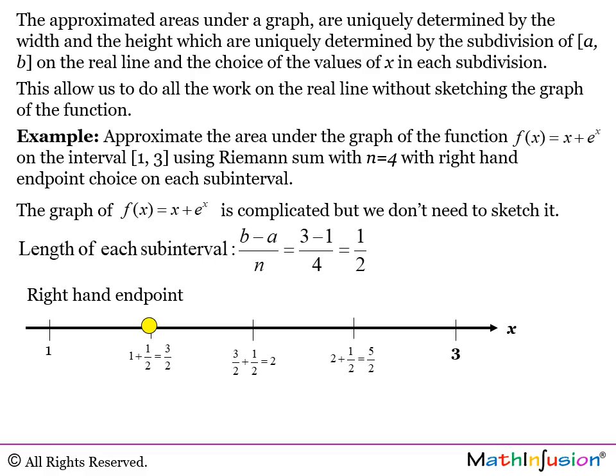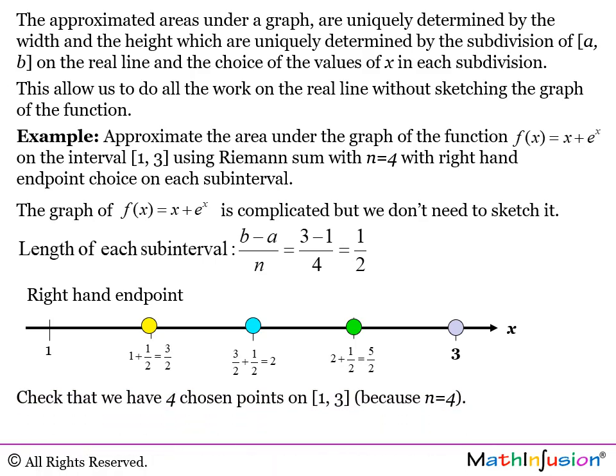In the second segment, x equals 2, it's the right-hand endpoint, so the height has to be f of 2. In the third segment, I have to take the height as the function evaluated at 5 over 2. And in the last segment, I have to choose the height to be the value of the function at x equals 3.